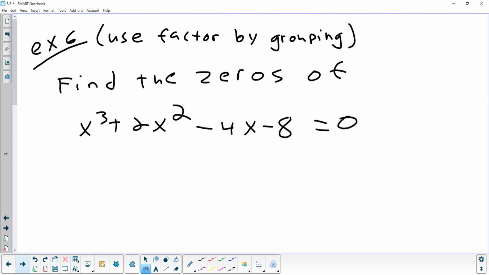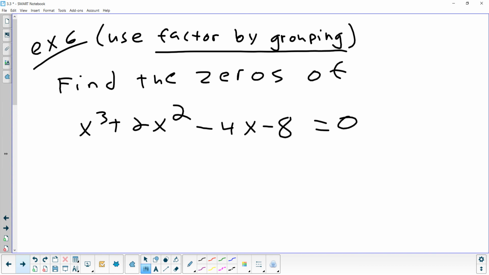Okay. So the last one is the opposite of what you just did. I want you to find the roots. And I give you a hint to use factor by grouping. So factor by grouping means factor what you can out of the first 2 terms, and then factor what you can out of the second 2. Does anybody see what the first 2 terms have in common?